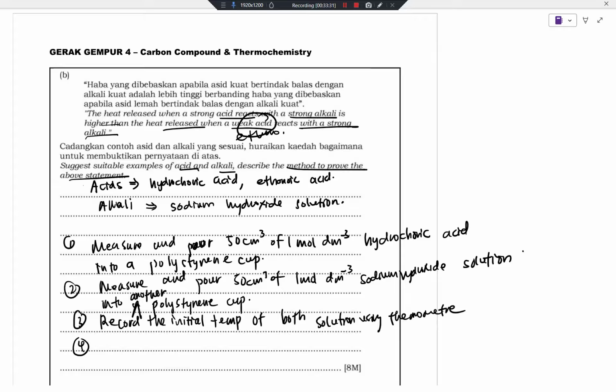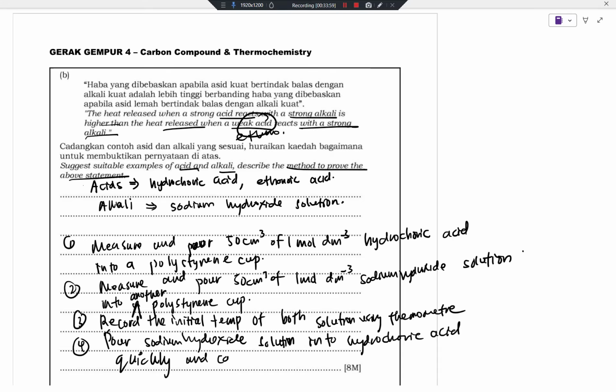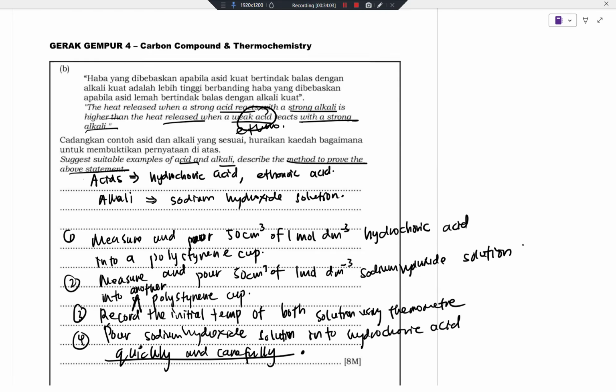Okay, அப்புறம் தான் maybe pour sodium hydroxide solution into hydrochloric acid. முக்கியமான வார்த்தை quickly and carefully. இல்லாட்டியும் heat loss to surrounding அதெல்லாம் எழுத வேணாம். Heat loss to surrounding, quickly and carefully வார்த்தை இருக்கணும்.